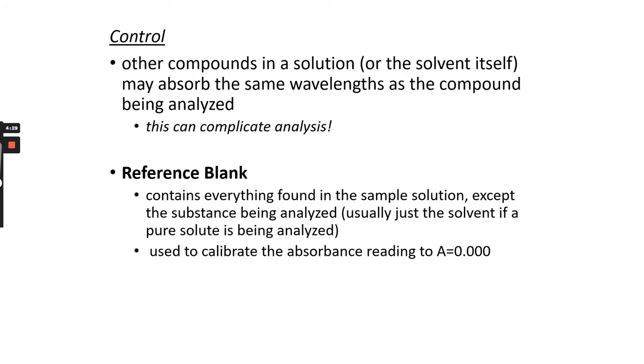You want to run what's called a reference blank, and in here you're going to have everything found in the solution of the sample except the solute or the substance that you're interested in. Basically you're just going to have the solvent in there, and you're going to use it to calibrate, and you should get an absorbance reading of 0 when you just have the solvent in there.